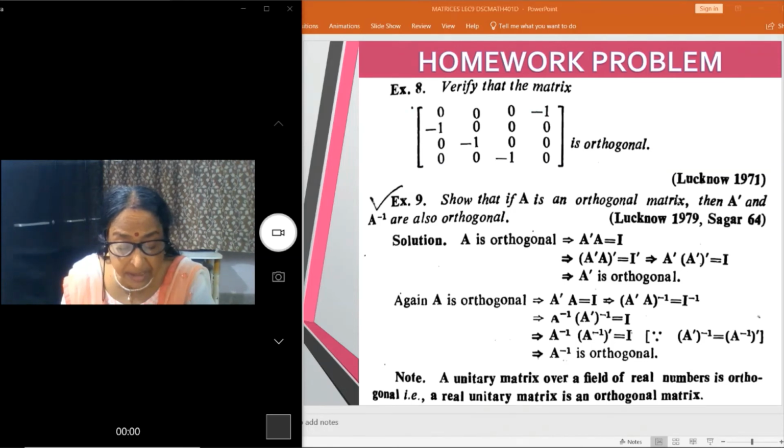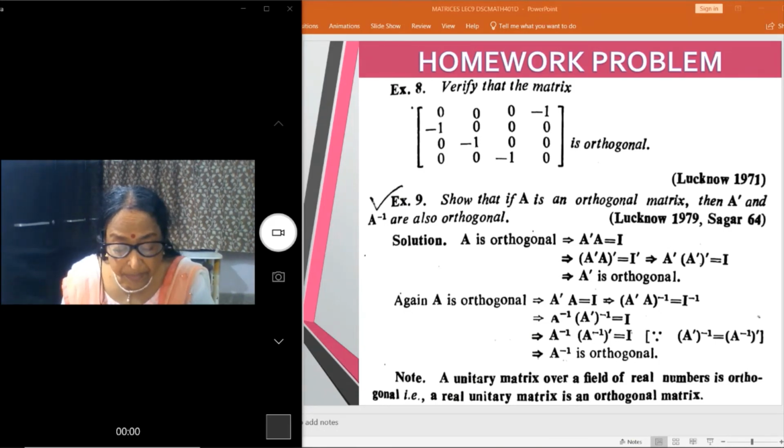So (A dash A) inverse is equal to I, because I inverse is also equal to I. So A inverse into (A inverse) dash is equal to I. Again, I am saying, (A dash) inverse is equal to (A inverse) dash.